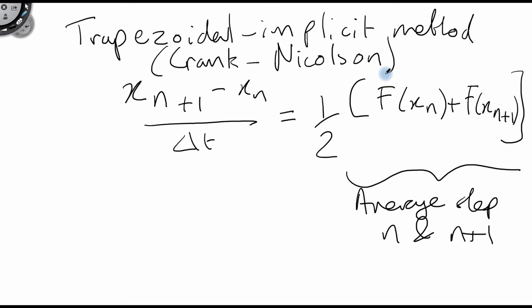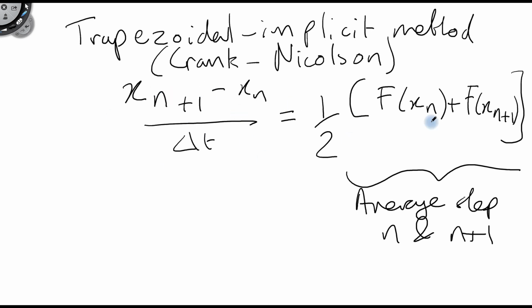Some will have people's names on them, for obvious reasons. They were the first to discover it, but it doesn't really tell us what it's about. Others will tell us what it's about. So trapezoidal implicit tells us a lot more than Crank-Nicolson does, but they're basically the same scheme. So that's just a little comment on the history of numerical methods.